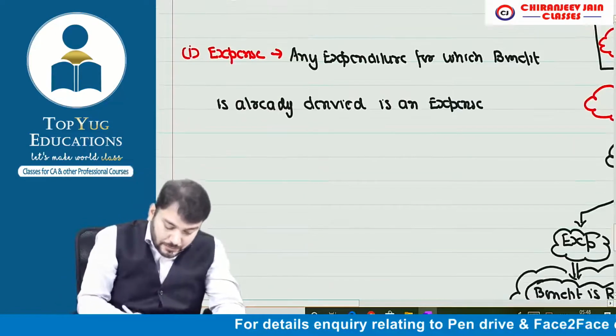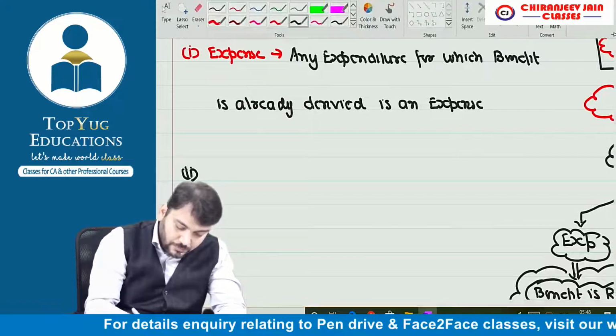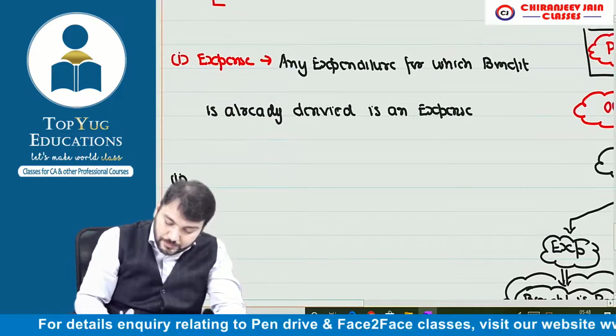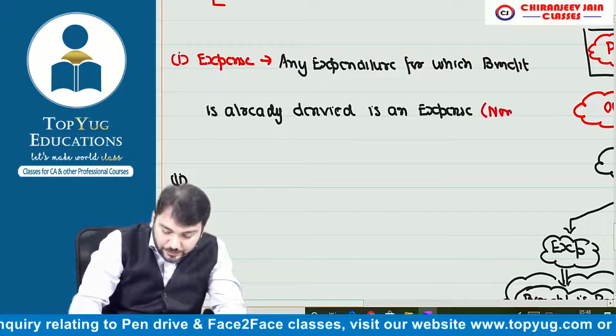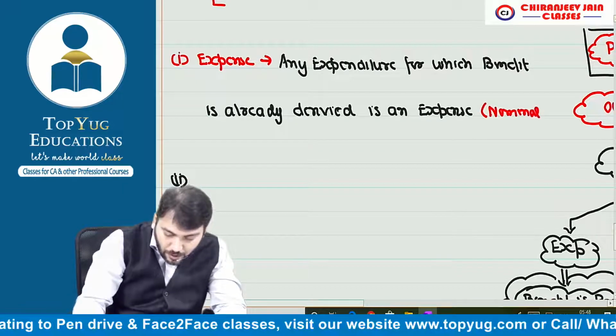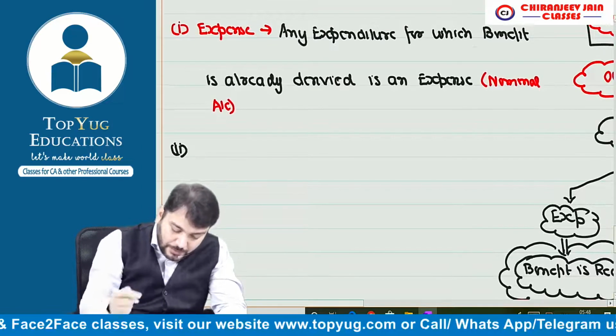Correct. Point number 2, correct, is an expense, and I am writing what? Nominal account, correct. Then add on asset.